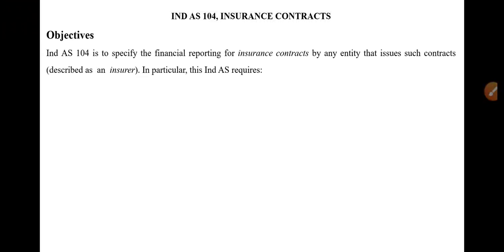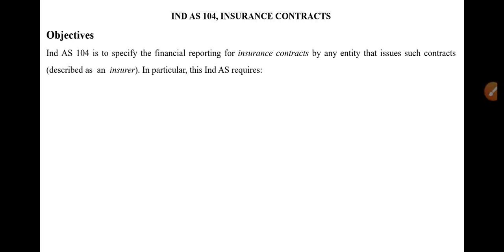Here, you might already know who is an insurer and who is a policy holder. The insurer is the person who provides an insurance policy to the policy holder, and the policy holder or insured is the person who got an insurance policy from the insurance company.